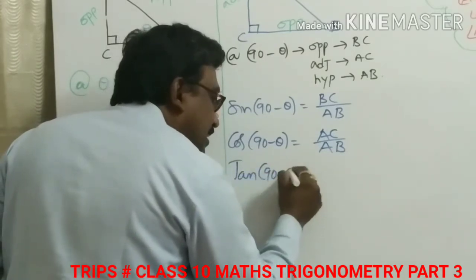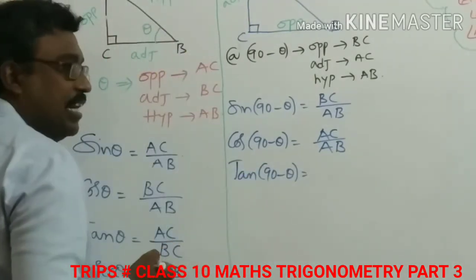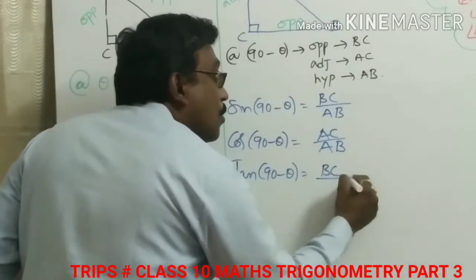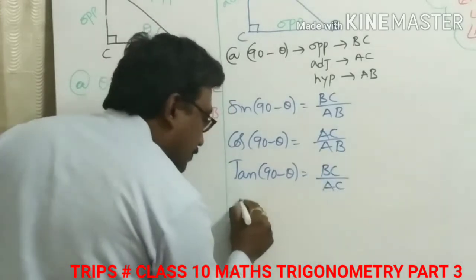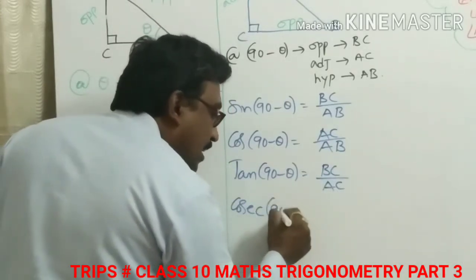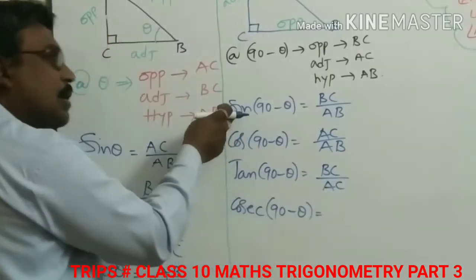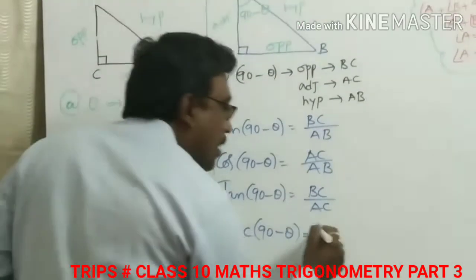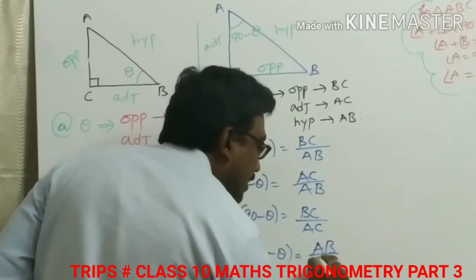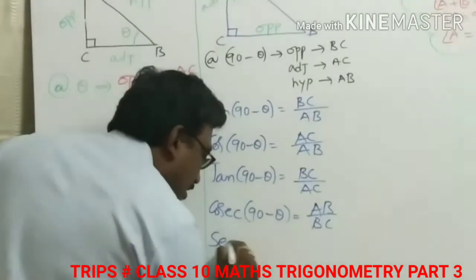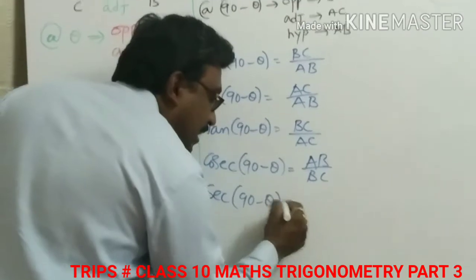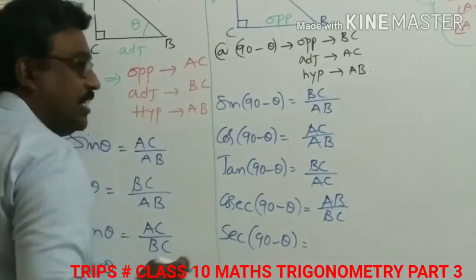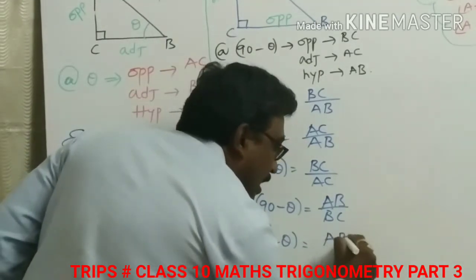Tan 90 minus theta is opposite by adjacent, so BC by AC. Cosecant 90 minus theta is the reciprocal of sine, or hypotenuse by opposite, AB by BC. Secant 90 minus theta is the reciprocal of cos, or hypotenuse by adjacent, AB by AC.